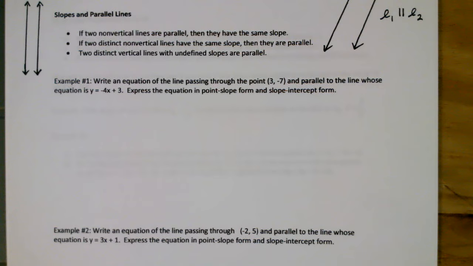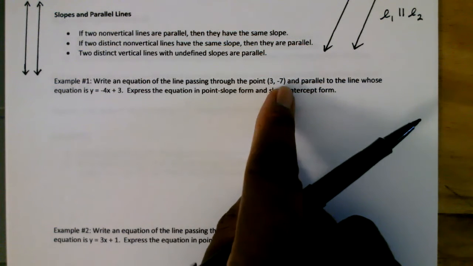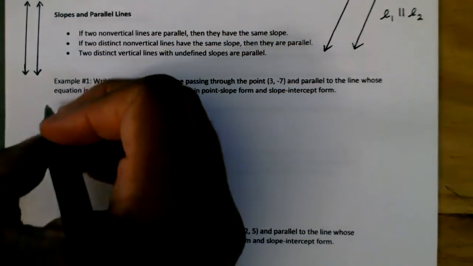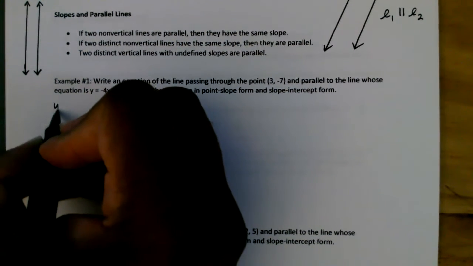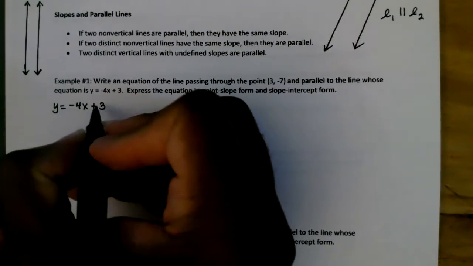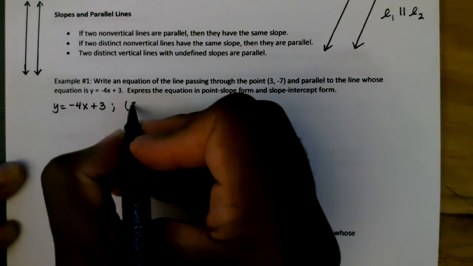So we're looking for an equation of a line that has this given point, (3, -7), and is parallel to the line whose equation is y = -4x + 3.